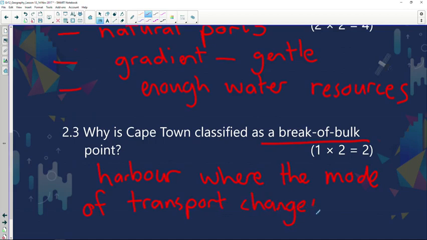Now, just a tip, any urban place that's well developed, when we look at our IDZs, is a break of bulk point. For instance, Durban, Port Elizabeth, Uitenhage is another example.